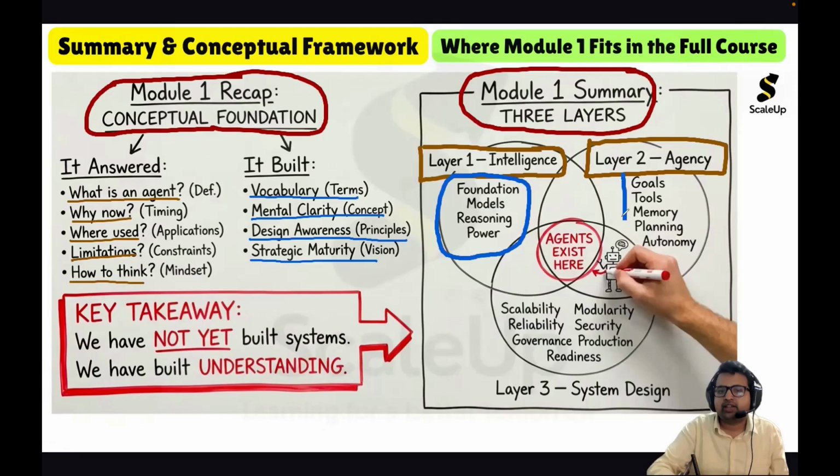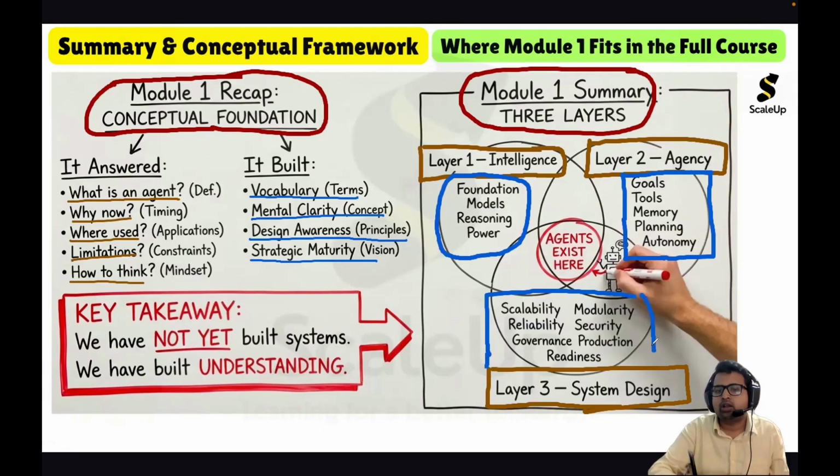They should have goal, tools, memory, that is the context, planning, and autonomy. Autonomy means the agent knows the goal it wants to accomplish, and on its own makes the plan without human intervention. Layer 3 is the system design. Once the agent is ready, we have to consider scalability, modularity, reliability, security, governance, and production readiness.